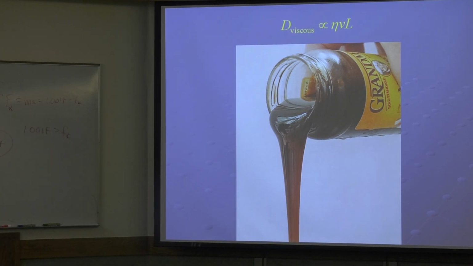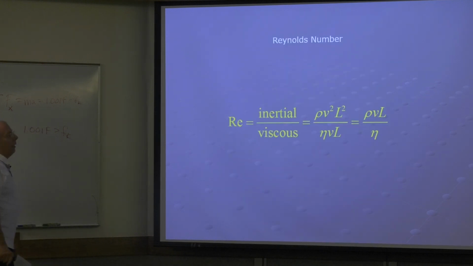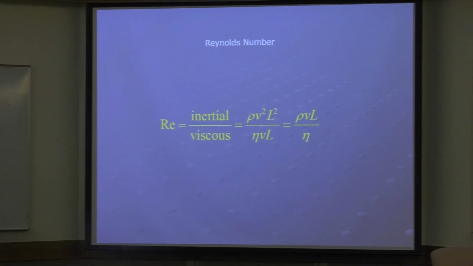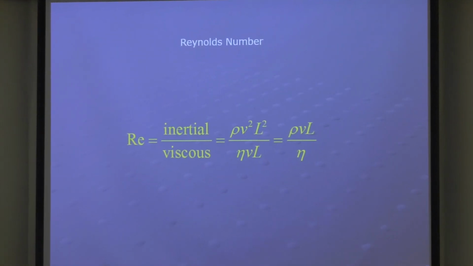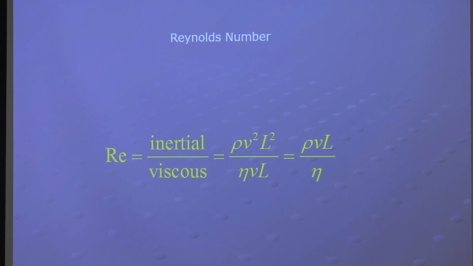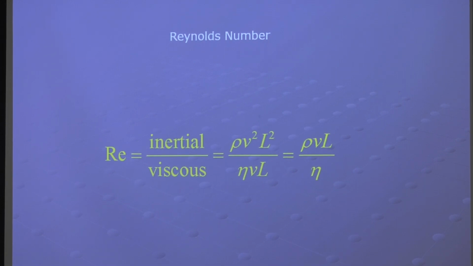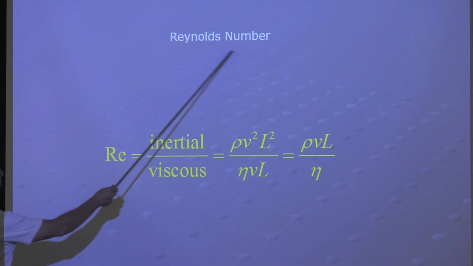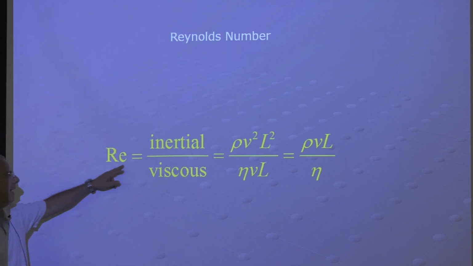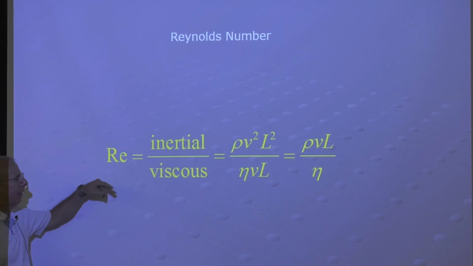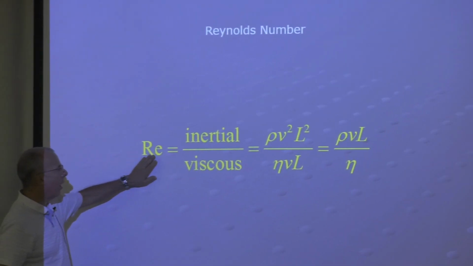Now sometimes drag results from both of these, the inertial and the viscous. Oh my gosh, what do you do then? This is called the Reynolds number. If you're a pre-med student, you have to know this, believe it or not. The Reynolds number is Re, for Reynolds.